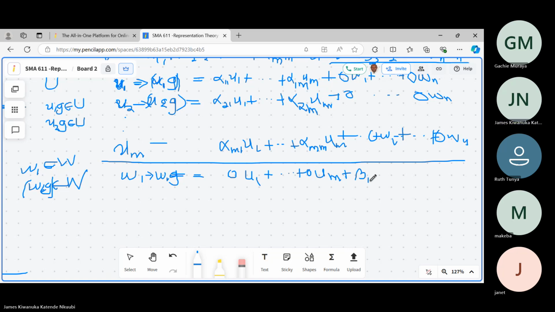Then you will start the one from, we can call it beta 11, multiplied by W1. And this keeps going on until you get to beta 1N multiplied by Wn. So this continues like this until you get to the last one, Wn. Wn is sent to WnG. Again, WnG is an element in W, so you don't need any vectors in U. So all the vectors in U will have 0 coefficients.